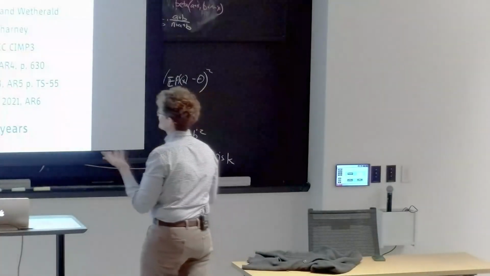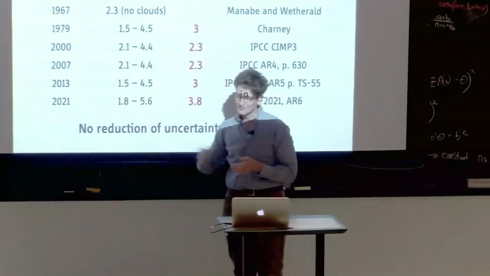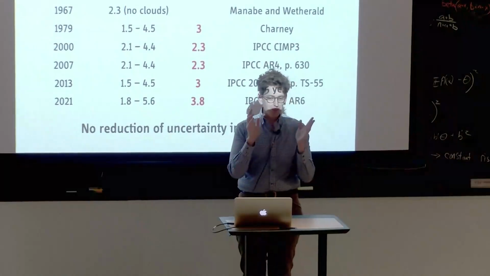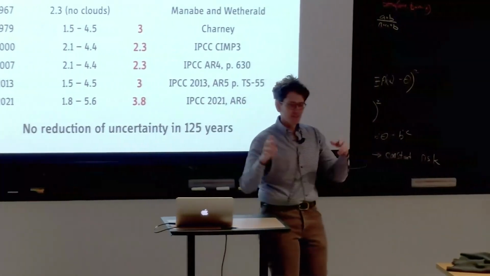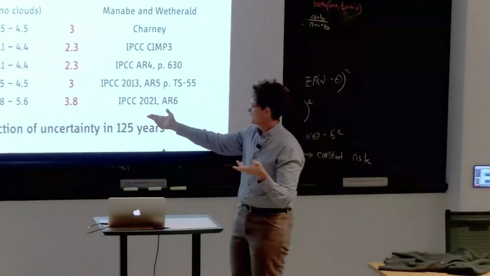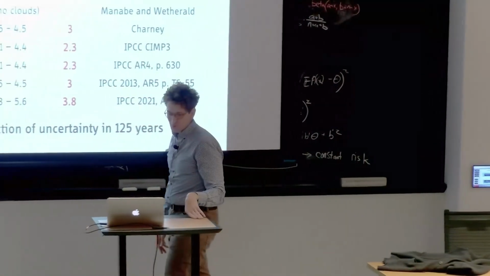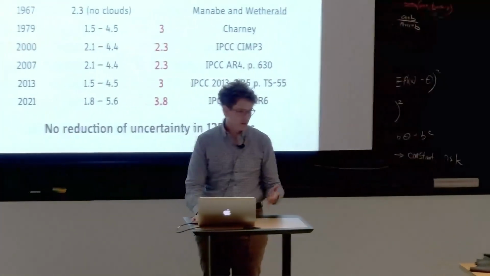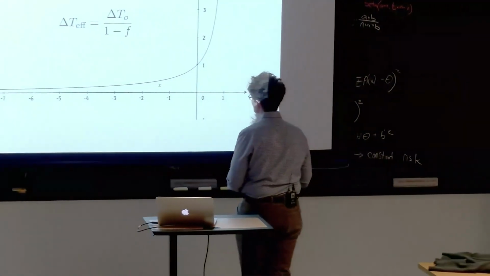That is remarkable. And this is not a small range, 1.8 to 5.6. When people talk about the maximum allowed temperature change should be 2 degrees, and your uncertainty is this big, what do you do? So why is the uncertainty this big? Well, one of the problems is that it comes from feedback.